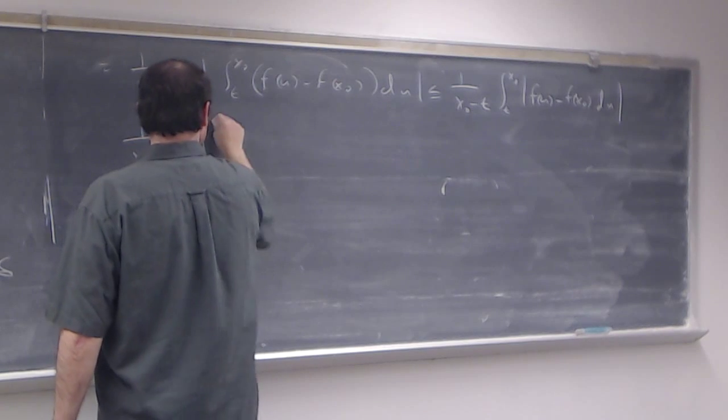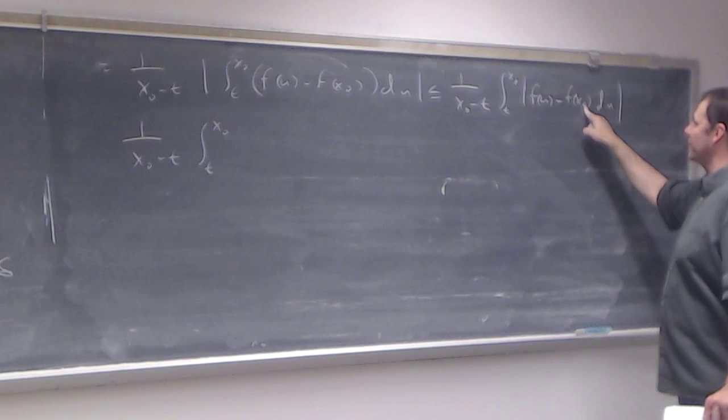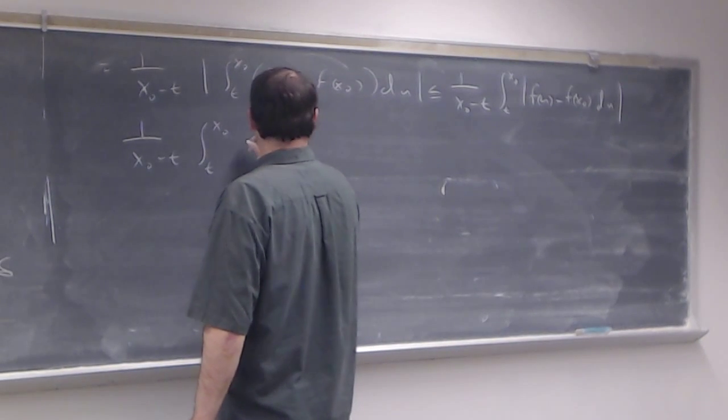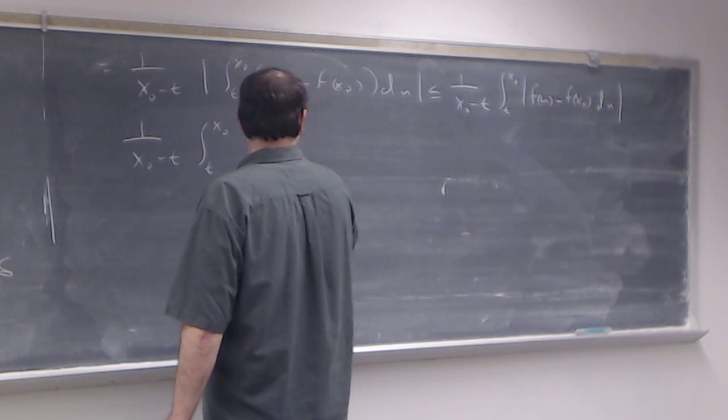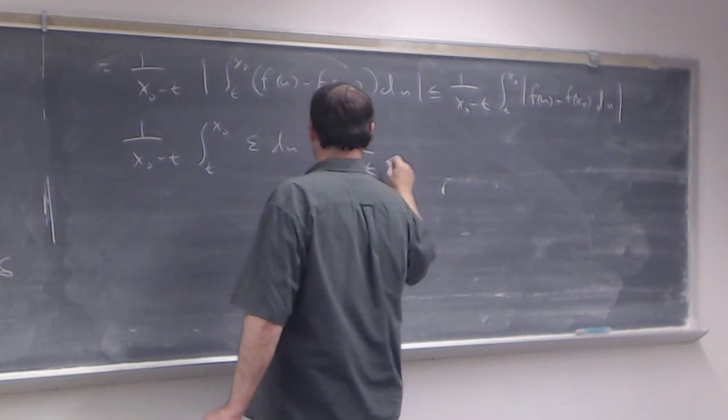Here, this is the integral from t to x₀, and because of the continuity, and u being within delta units of x₀, the continuity of little f at x₀, this is going to be less than epsilon du, which equals 1 over x₀ − t.